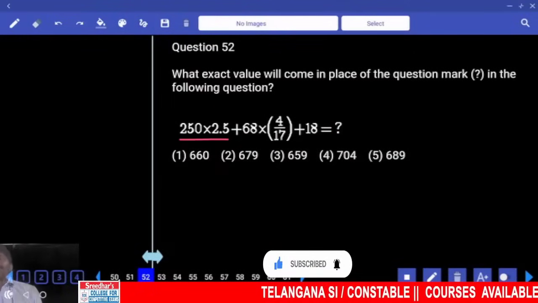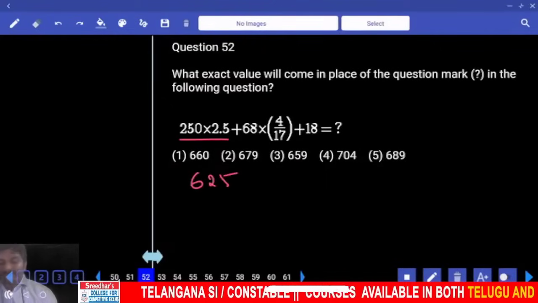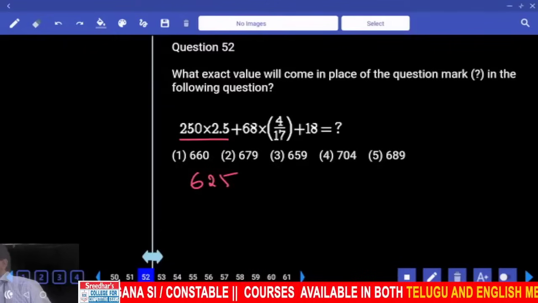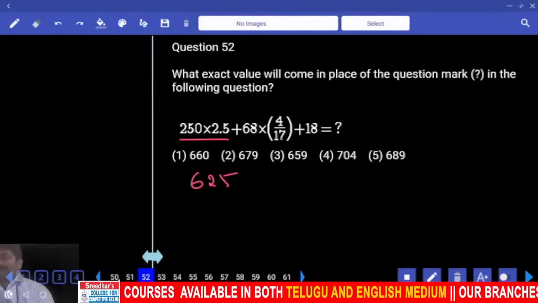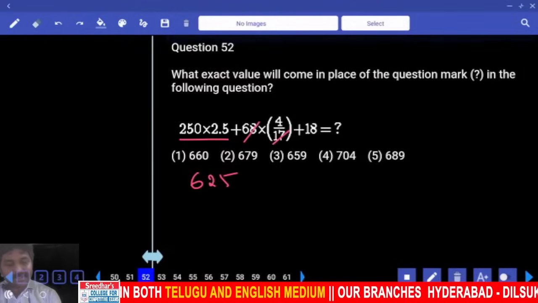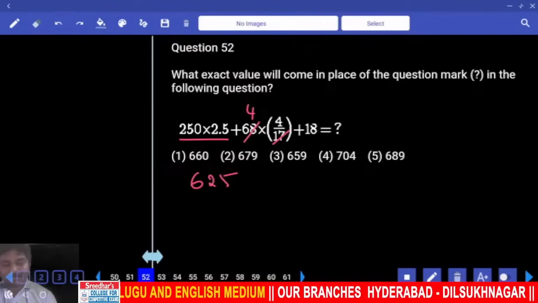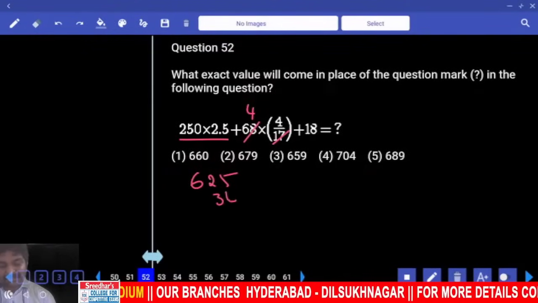250, 2.5 times 625. So that can be read as 25 square. The 0 you can shift. So both numbers become 25, 25. Okay. 17 how many times? 4 into 4. 16 plus 18, let's add both together and it becomes 34.